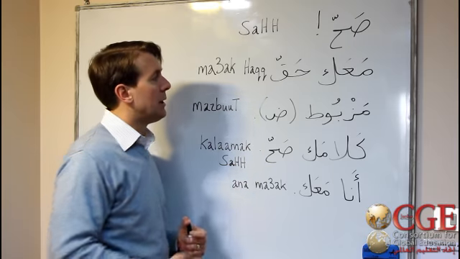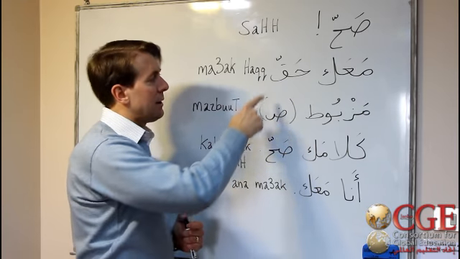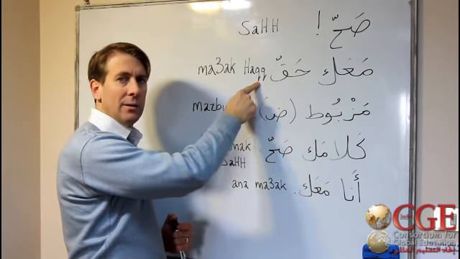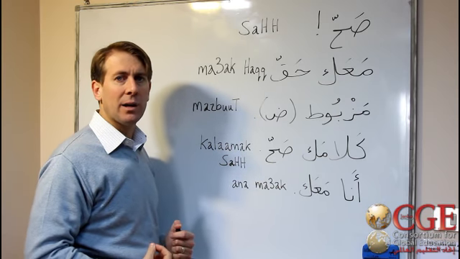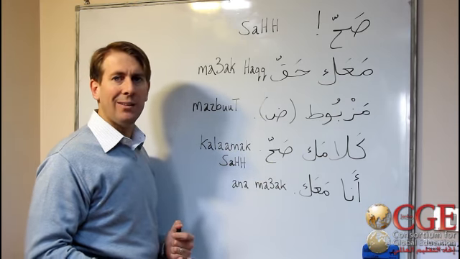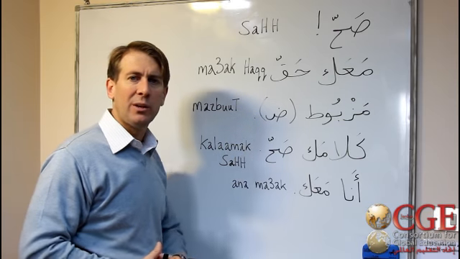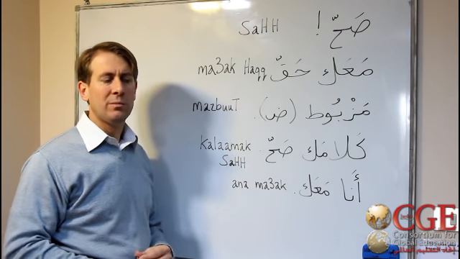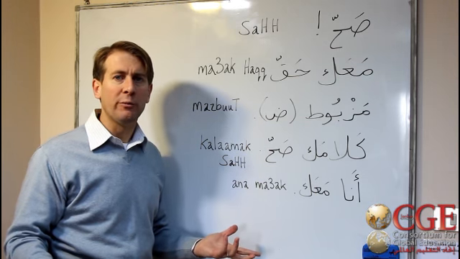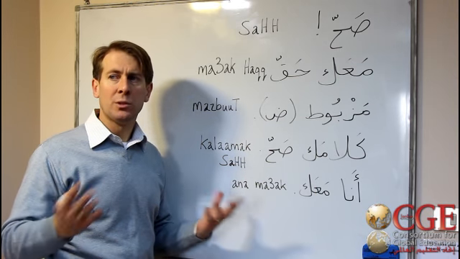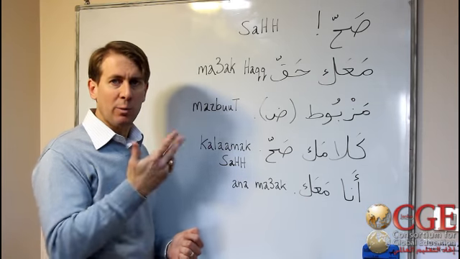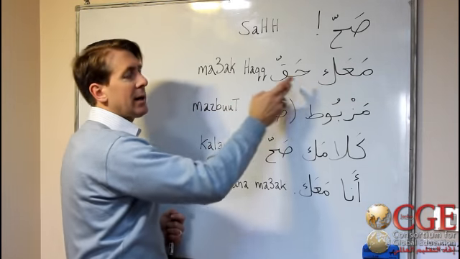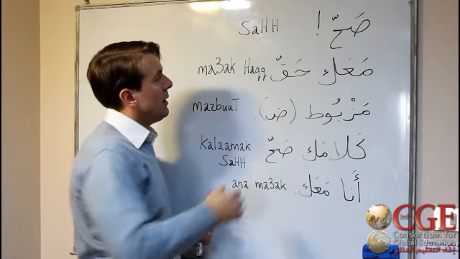Notice hug can be a or g, but it's not huk. If you say that, you sound like a foreigner, because only foreigners speak Fusha. Most people, all Arabs pretty much, speak the Ammiya that we're speaking now. So ma'ak ha or ma'ak hug.